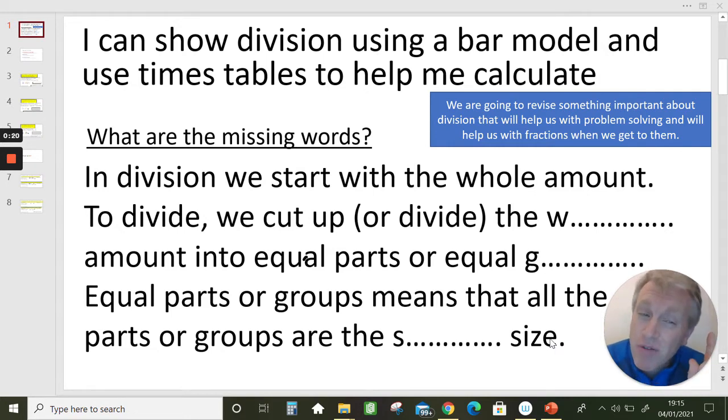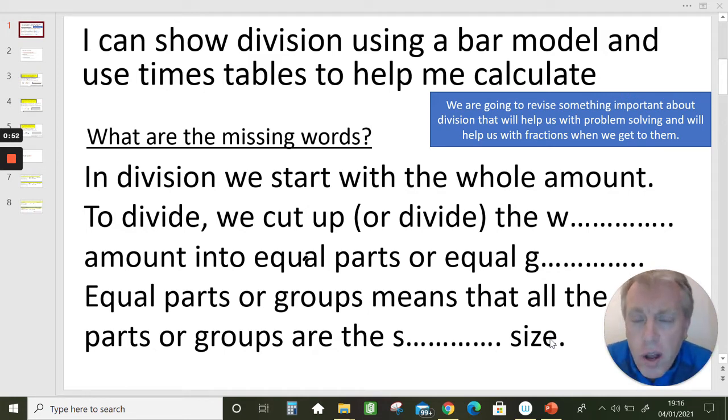We're going to revise something we were learning before, and it's about showing division using a bar model, thinking about breaking up the whole amount into equal parts, and then using times tables and multiplication facts. So for this lesson, if you want to get yourself a times tables sheet online or use a times table sheet, you can. Now we're going to start the lesson now.